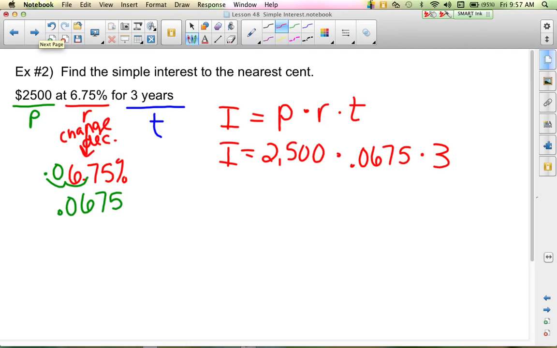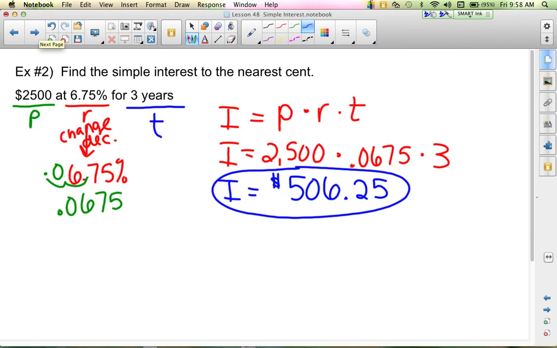So at this point, I'm going to type that into my calculator. 2,500 times 0.0675 times the 3 for the years. And I get that my interest will be equal to, remember we're talking about money, $506.25. Interest is equal to $506.25.